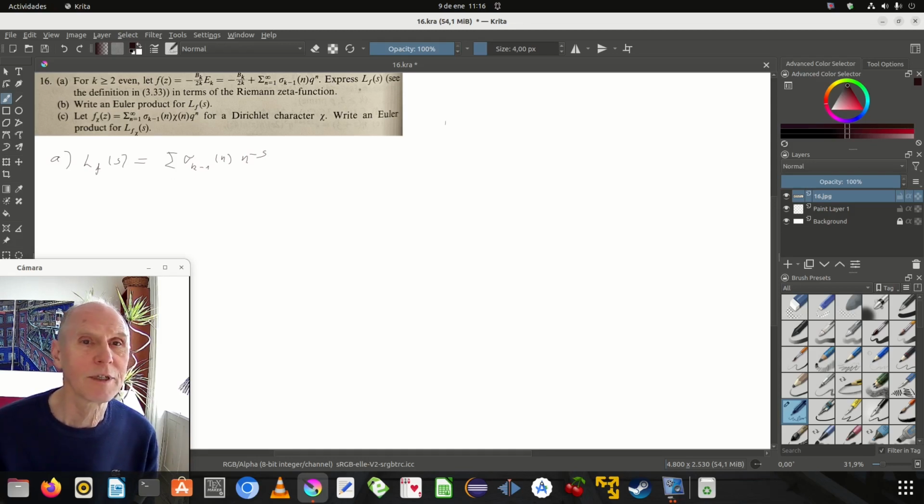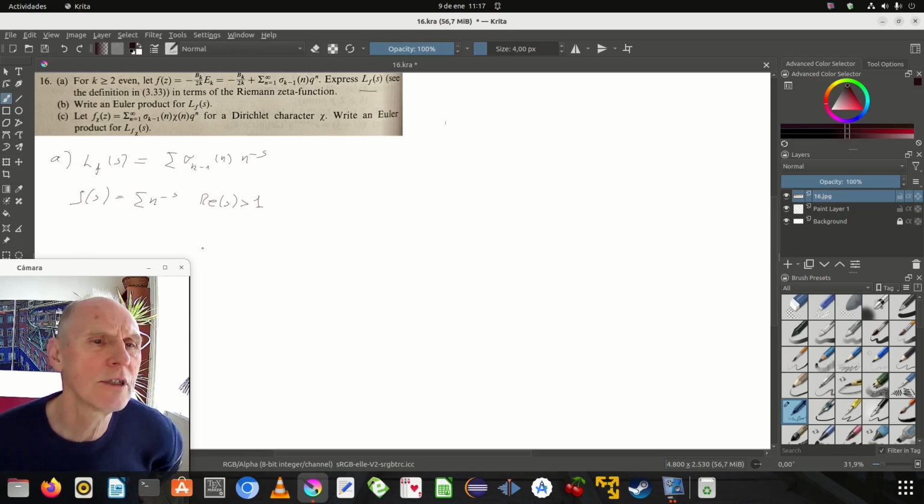That was this guy. Next, we must express it in terms of the zeta function. All sums going from n equals 1 to infinity. And I think we need the real part of s to be larger than unity here.